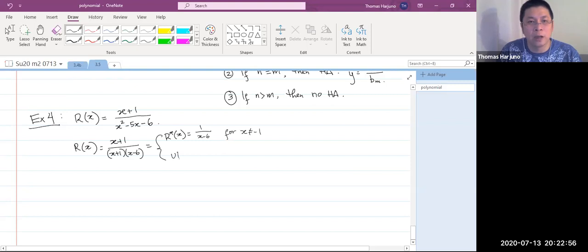And it is undefined, and therefore becomes a hole in this case, for x equals -1.